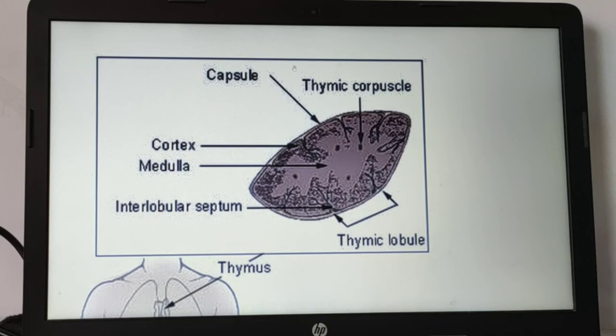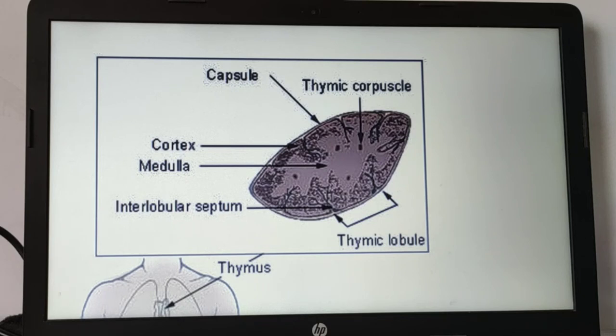You can see in the diagram the pink color, and it is a bilobed mass of lymphoid tissue. It is present in the thorax, the upper side of the thorax, and on the dorsal side of the heart.